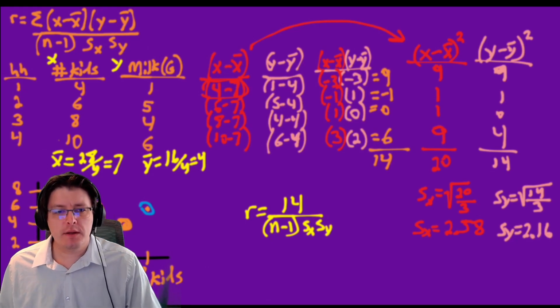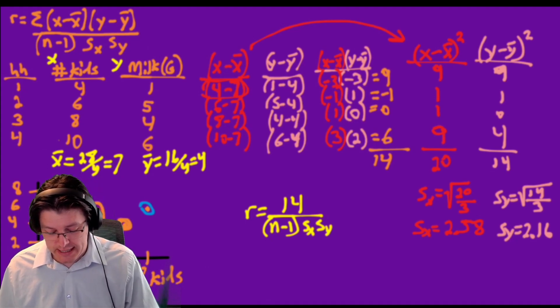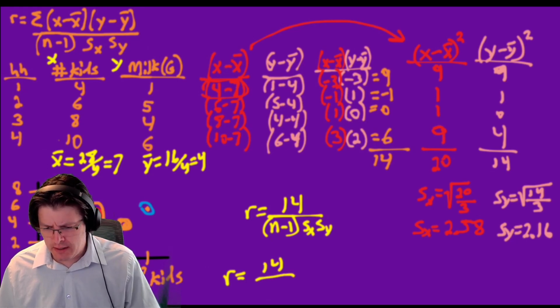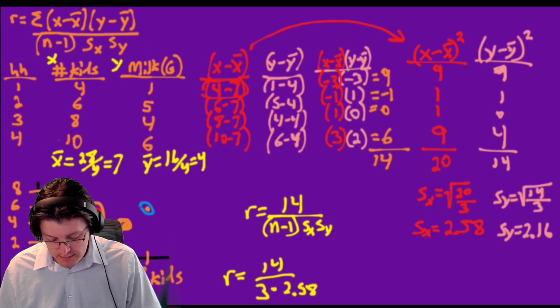Okay, so now we have sx and sy. Let's go back and plug that into our correlation. 14 divided by 3 times 2.58 times 2.16.